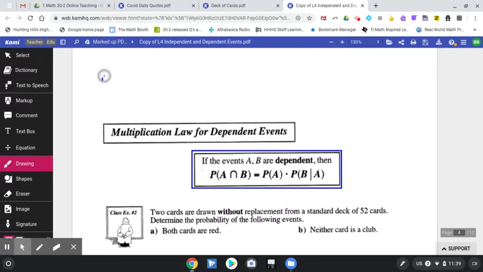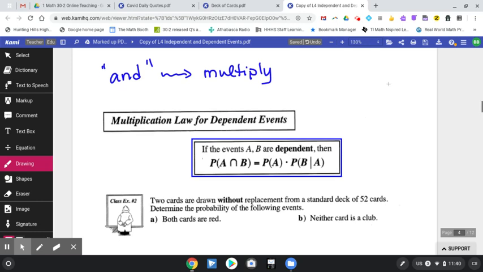When you see the word and, we know that we should multiply. So whether we're dealing with dependent events or independent events, they will always have the connector word of and. We're looking at the probability that A and B happen. So we'll always be multiplying when it comes to dependent and when it comes to independent events.